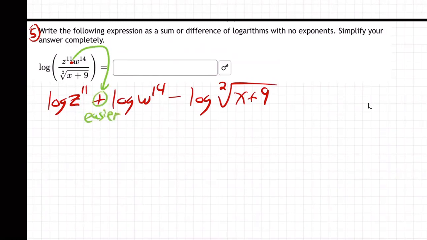Because we're making it several logs now. So when you have lots of people on the job, it gets easier, whereas we had 1 log here where things are harder. Harder job for 1 person, easier for 2. Then the dividing becomes subtraction, which again is easier. It's harder for 1 log. Dividing just becomes subtraction. Okay, so far so good.